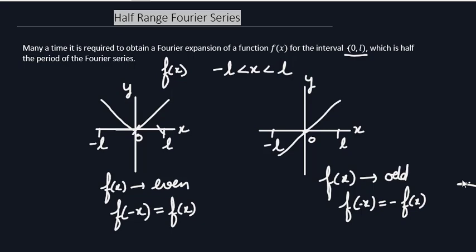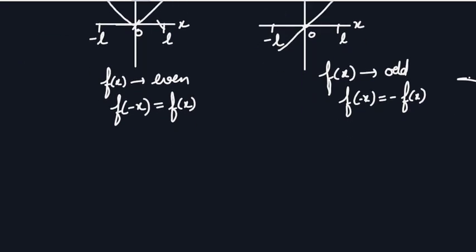Now in case my requirement is to expand the function as a half range sine series, sine series means a0 and an are missing.